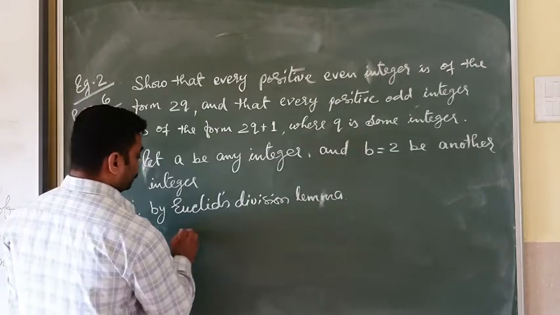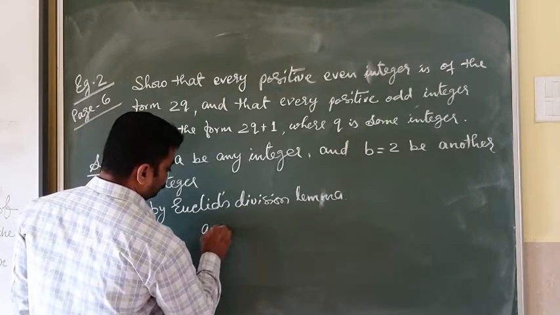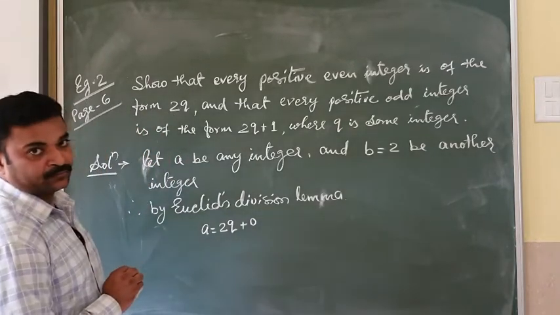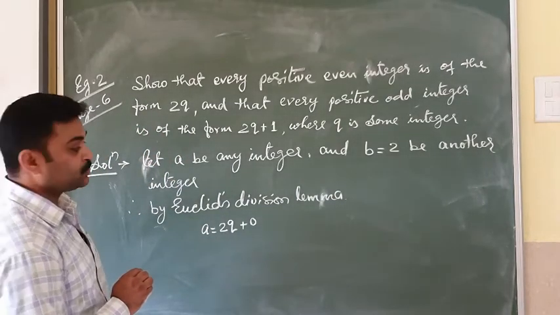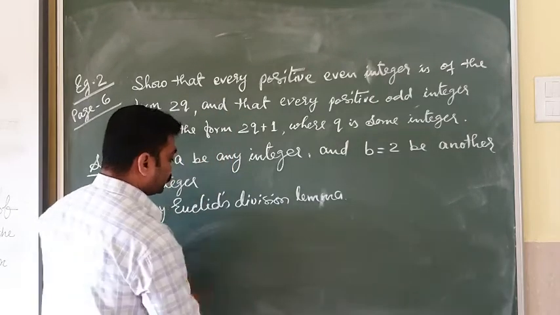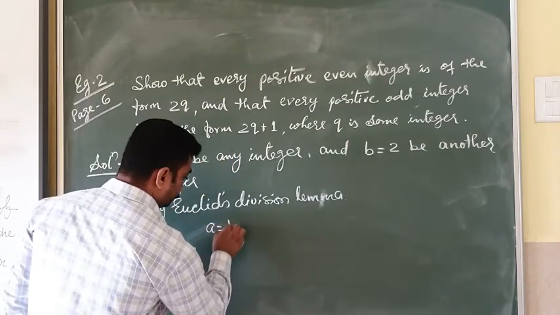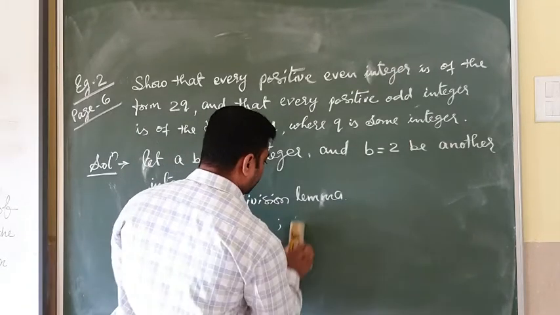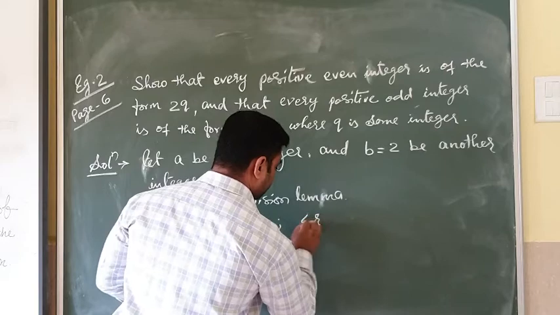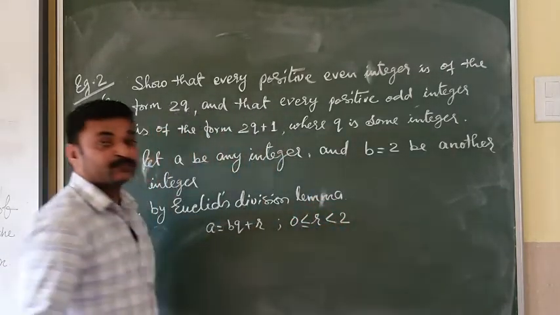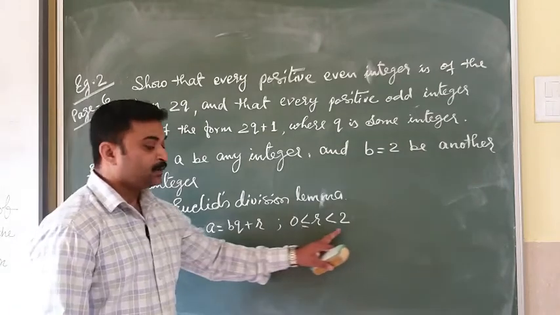we can write here a is equal to 2q plus 0, right? Equal to 2q, where by Euclid's division lemma you can also understand a is equal to bq plus r, where r is greater than or equal to 0 and less than b.